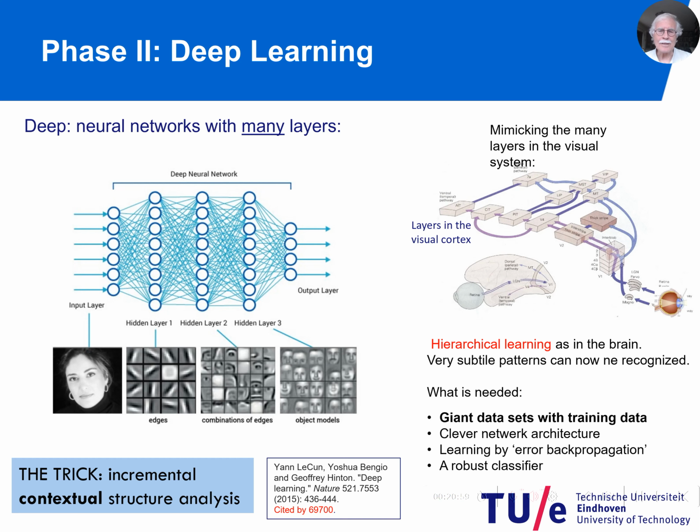You get noses and eyes and ears, and then you get these combined into faces, etc. And that incremental context is the analysis the deep neural network does. It's pretty much related to the layers that we see in our visual system. To the right, we have the visual system in the back of our head. We have V1, V2, V3, V4, lots of layers which do very similar analysis as we see in our artificial neural networks.